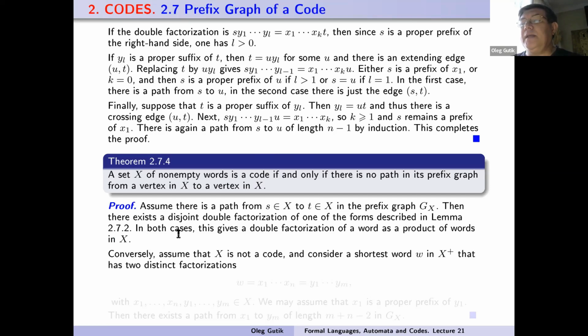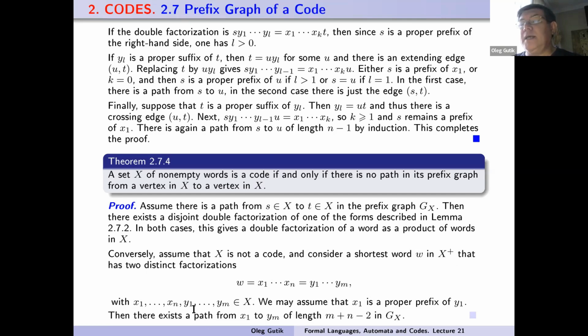Conversely, assume that the set X is not a code and consider a shortest word w in the semigroup generated by the set X that has two distinct factorizations. w is equal to x1 so on xn, which is equal to y1 so on ym, with xi and yj from the set X. We may assume that x1 is a proper prefix of y1.